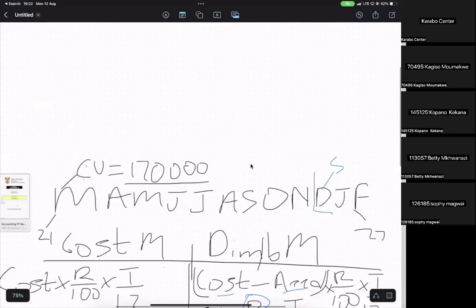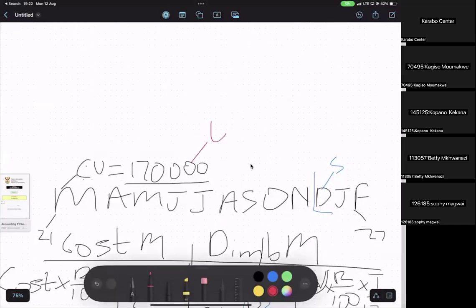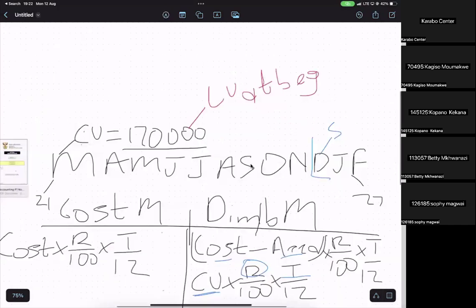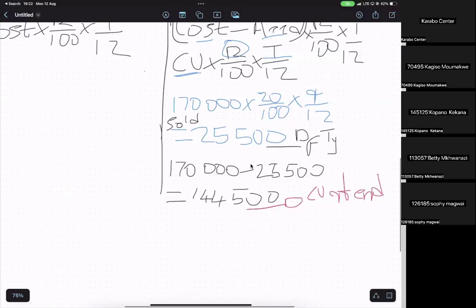So this was the carrying value at the beginning of the year. So you see the difference. The carrying value at the beginning of the year has no depreciation accounted for. Then we accounted for the depreciation for the months that it stayed in this financial year, and we deducted that depreciation to get the carrying value for the current year.